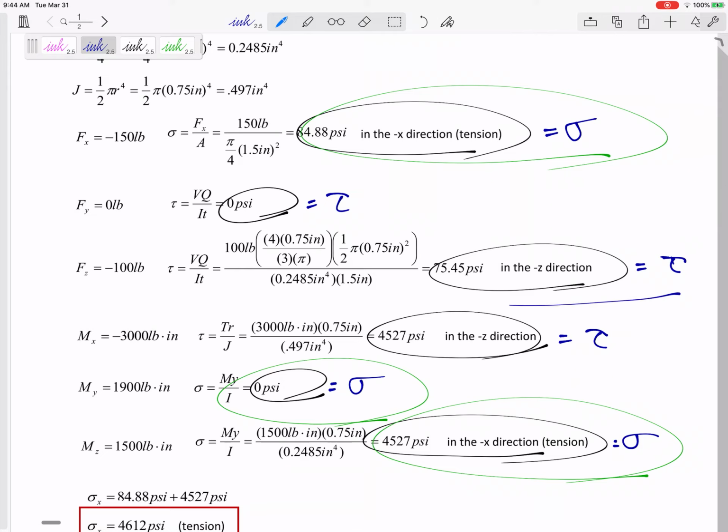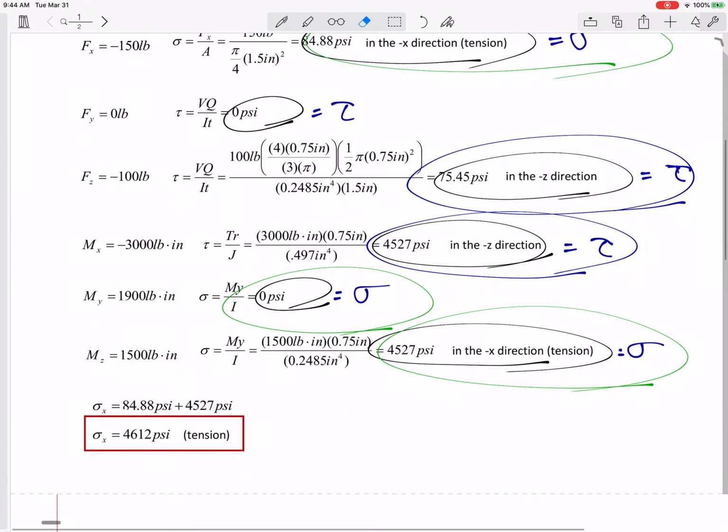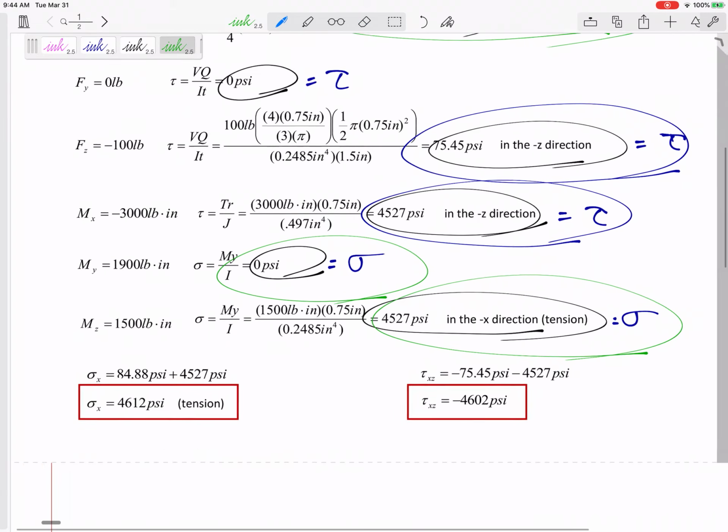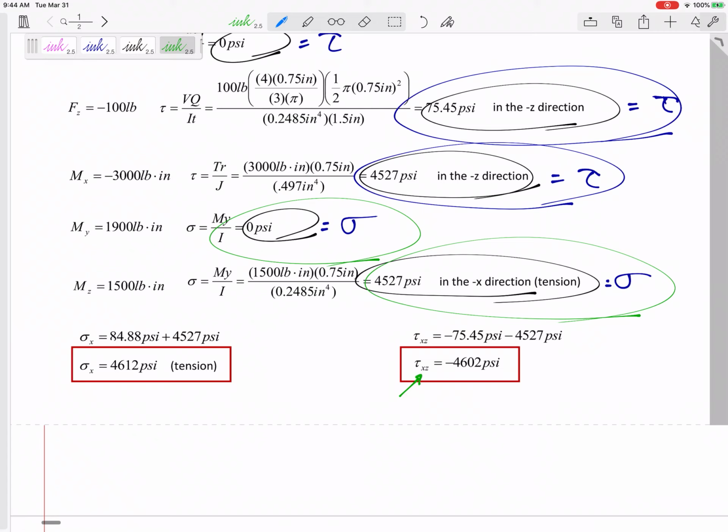So this one is in the z direction, negative z. Both of those were in the negative z direction. So I can say, okay, both of those are in the negative z. So here, this is how the book will do a subscript. This first subscript is the plane perpendicular to the cut.